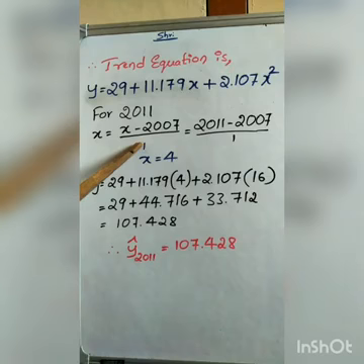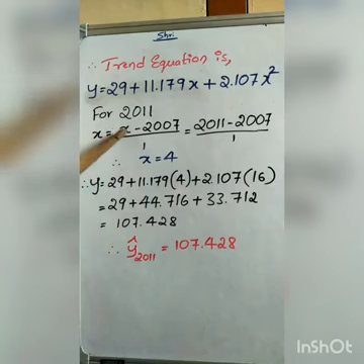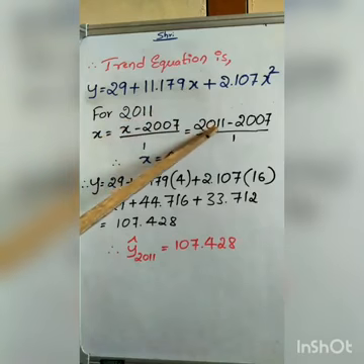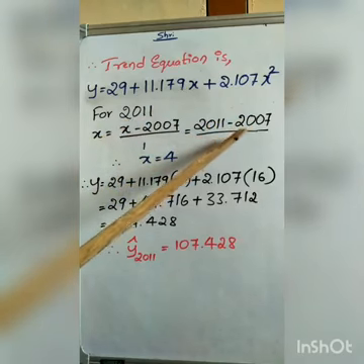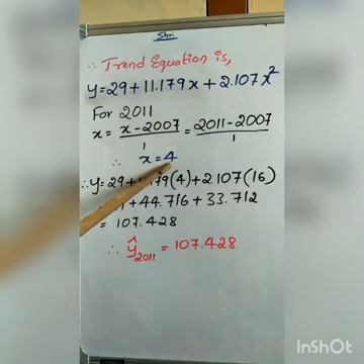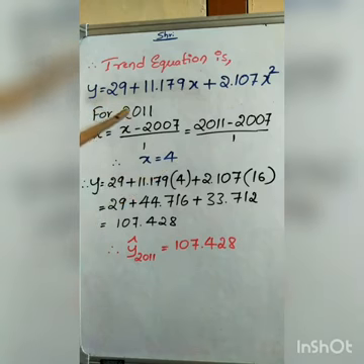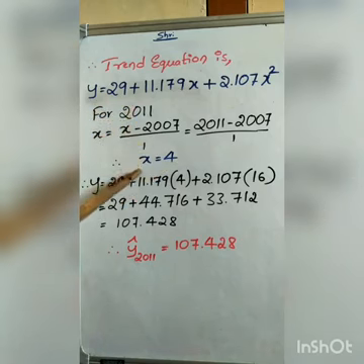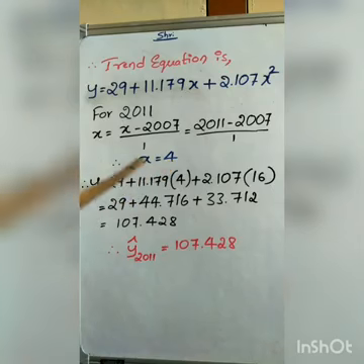I have already explained how we have calculated all those x values pertaining to this particular problem. In the similar fashion, for 2011 also the same x value is to be estimated. So x minus 2007 divided by 1. In place of x, substitute 2011 minus 2007 divided by 1, so that x equal to 4. In order to estimate the value for 2011, the x value has to be substituted as 4.